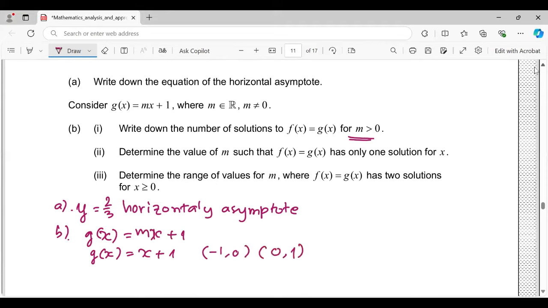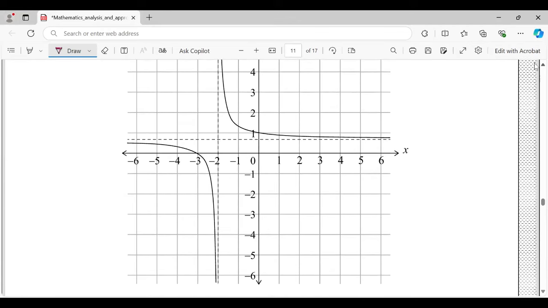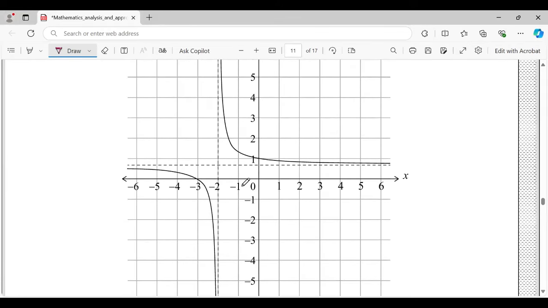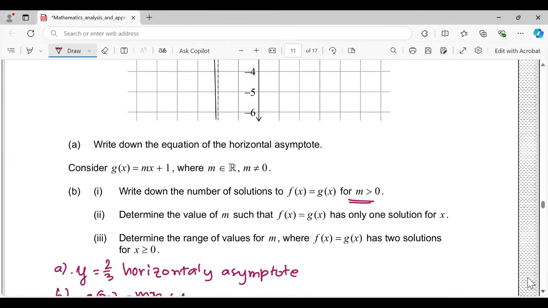And if we sketch on this diagram, minus 1, 0 here, 0, 1 here. Okay, pay attention that it has two solutions. Between this straight line and this rational function, there are two intercept points. It means it has two solutions.